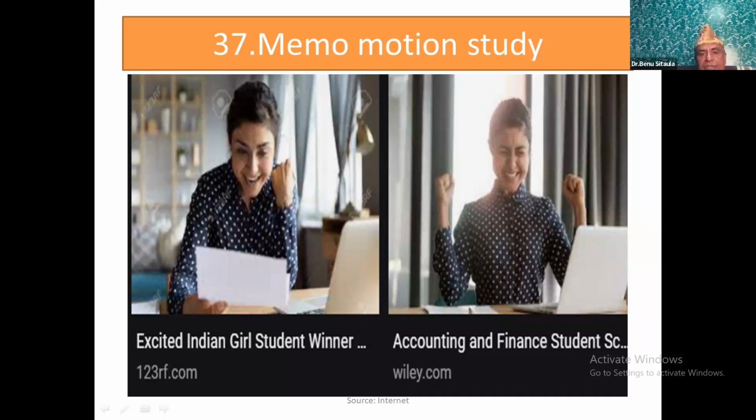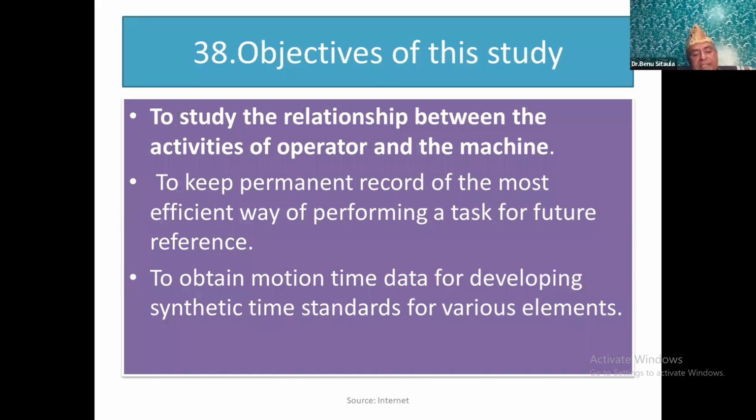Memo motion study. And why do the researchers use this type of study? These are the objectives, and we can say the benefits of memo motion study also. Actually, to study the relationship between the activities of the operator and the machine, the researchers use memo motion study.